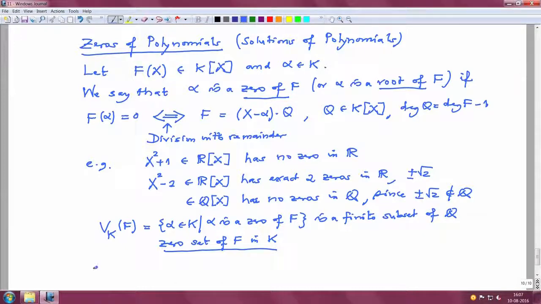One more example for a finite field. Now, suppose you take k equal to Z mod p and the polynomial x power p minus x.